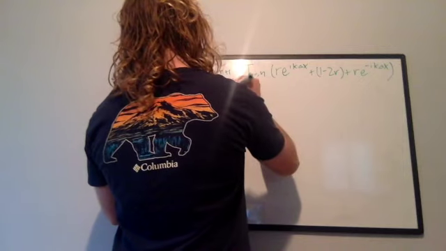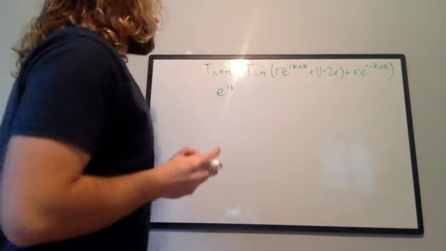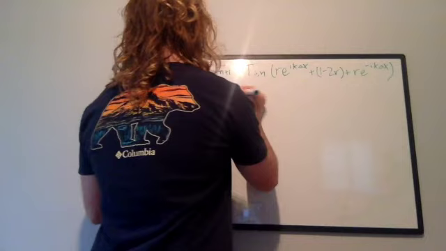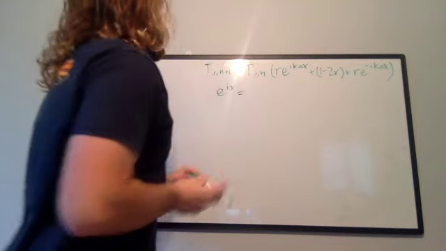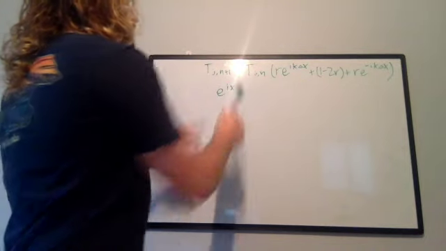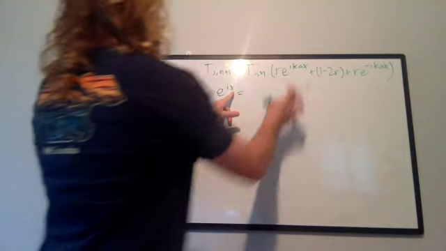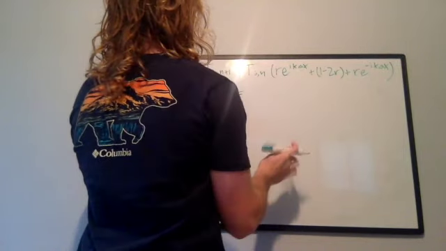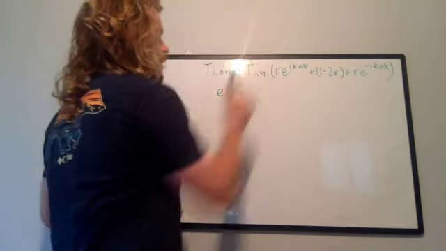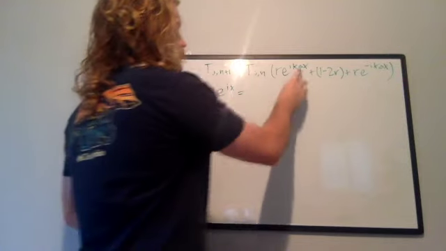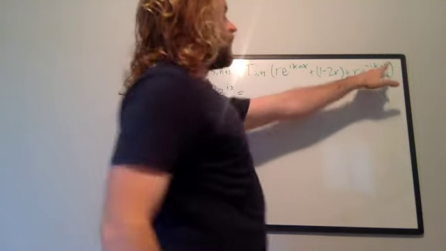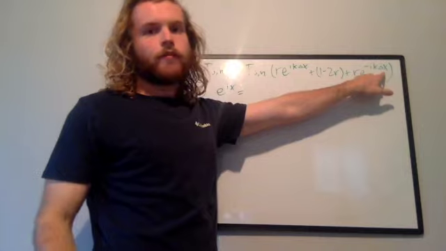e to the ix is going to be equal to, and pretty much all this x is all the other stuff within the exponent over here. So obviously the i is the imaginary number, but this x is representing k delta x, and then again k delta x over here, all right?